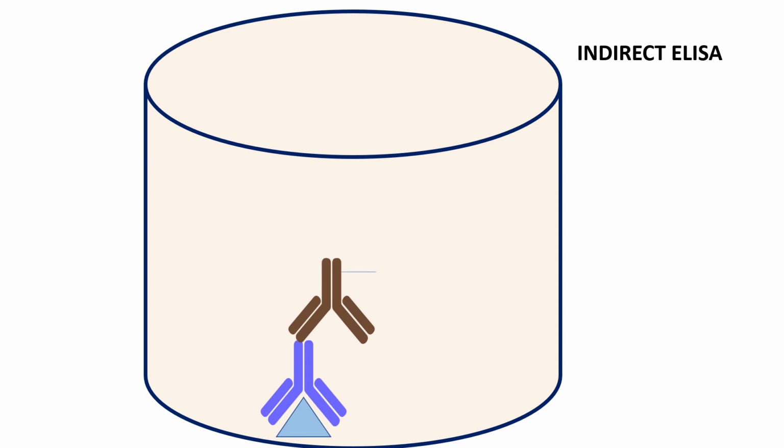And here you can see the revision again. In this revision, we have the antigen, and we have the primary antibody attached, that is, the serum sample containing antibody. Then we have added the secondary antibody which is linked with the enzyme, and it is linked with the enzyme with the help of biotin.